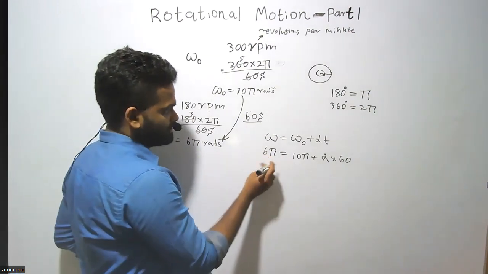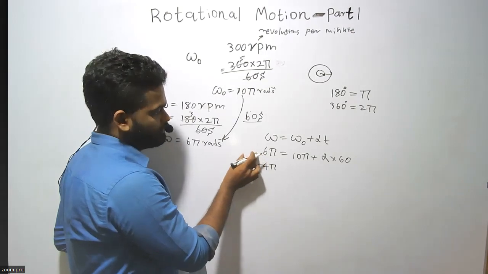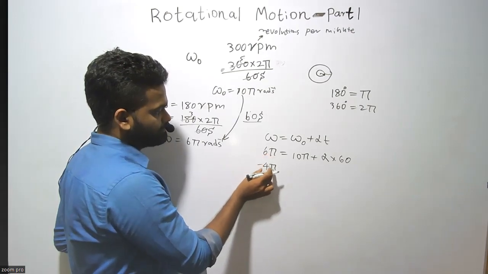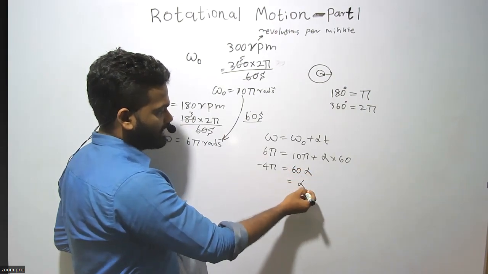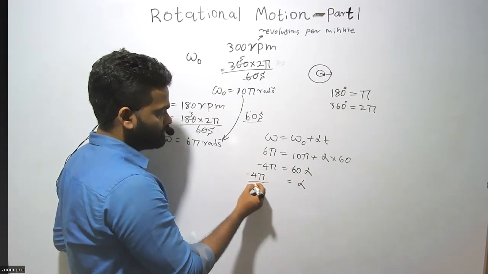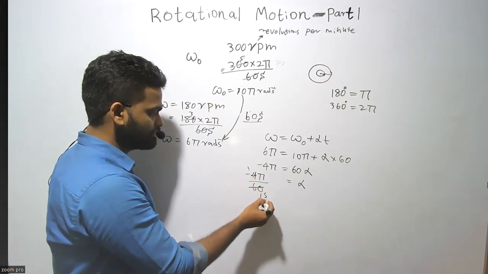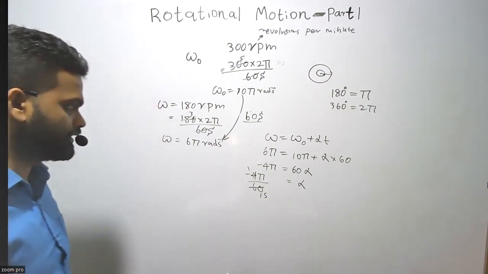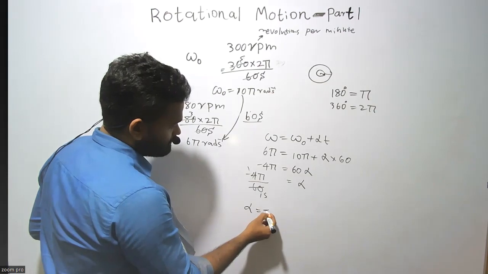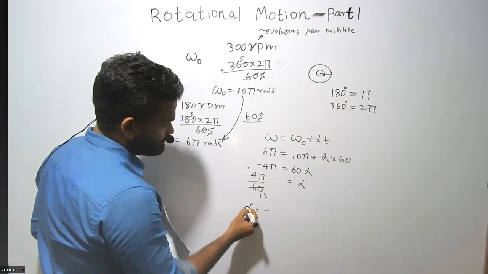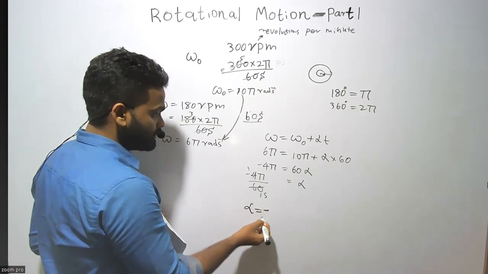So this becomes minus 4 pi when you take it to the other side, minus 10 plus 6, minus 4 pi equals 60 alpha. Then alpha is minus 4 pi divided by 60. So this is 1 over 15, right? 1 over 15. We got a negative value because this is a deceleration.